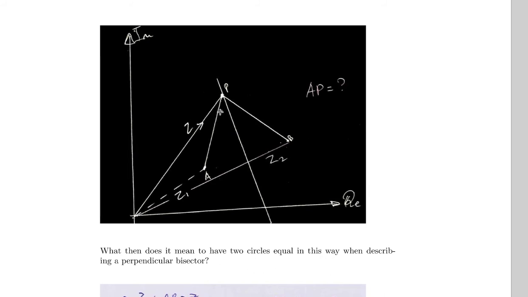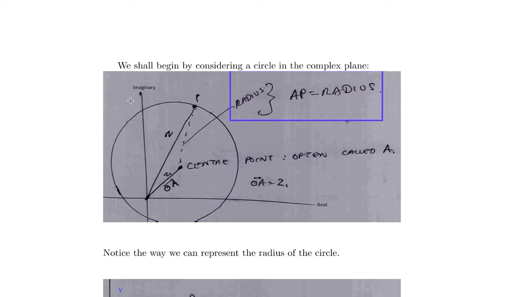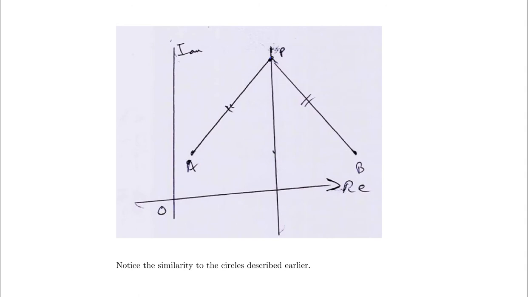Now this concept does have a relationship to circles, and I would like for you to consider that further. First of all, recognize that you could describe a circle with center Z1, radius AP, and that technically is manifesting itself here.